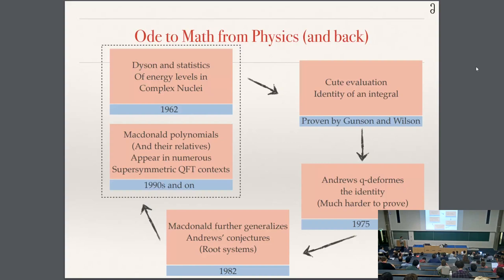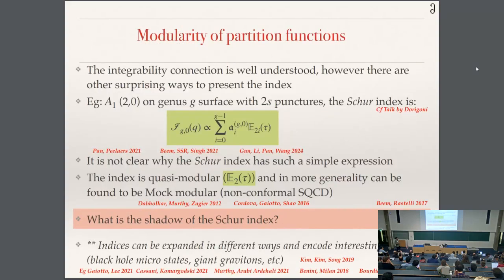So again, I stress this tight relation between supersymmetric quantum field theories and mathematics. You know, all happy families are alike. So it's worth reading math sometimes. And a final example here that I will give is that, again, there are other ways to write supersymmetric indices and partition functions using various mathematical objects.